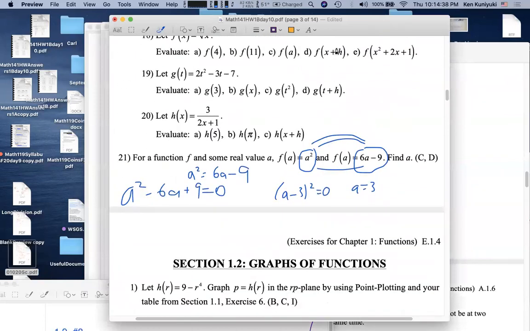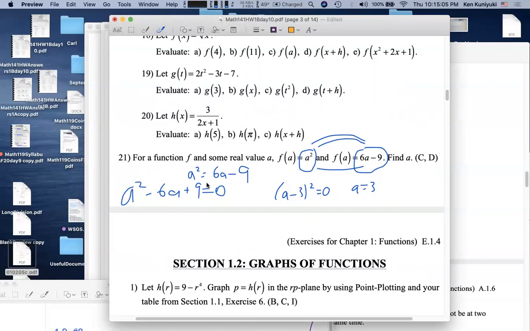Many students have asked me about this. The basic idea is that if A is in the domain of a function, for a given input in the domain, how many outputs can you have? You can only have one output, which means that if f of A is A squared, and f of A is 6A minus 9, these better be equal to each other. If you have equal inputs, they must yield equal outputs. Otherwise, you don't have a function.